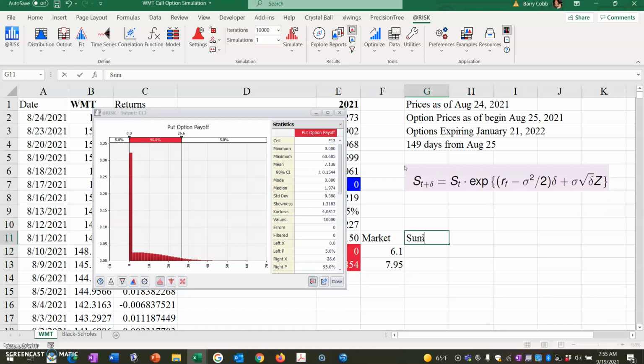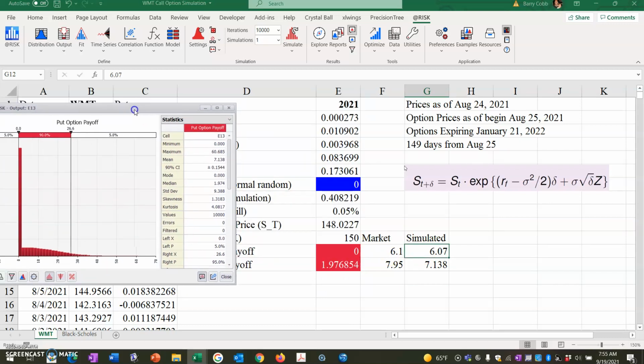So I'm going to put over here the simulated option price, 6.07, and about 7.14. This is very close to the actual price, which seems to indicate that in all likelihood, this volatility is about what's being factored into the call option price.